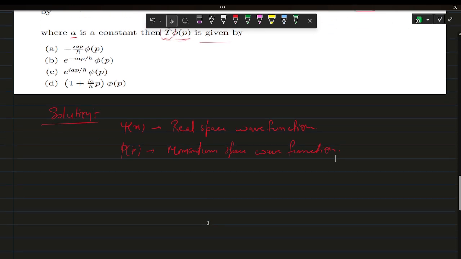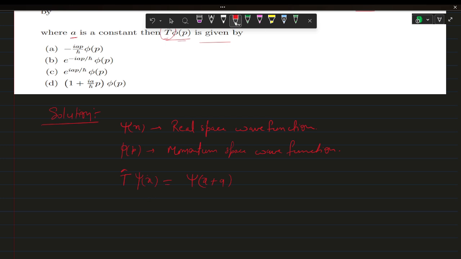Now another thing we have given is, when we operate T̂ on ψ(x), this will give ψ(x+a). It is a translational operator, we can say.